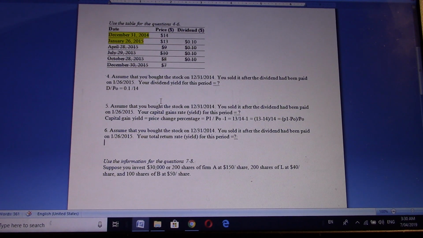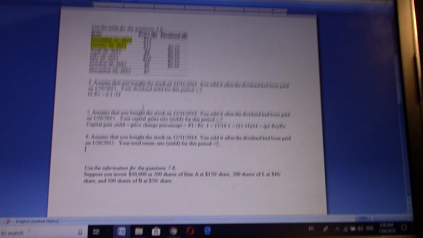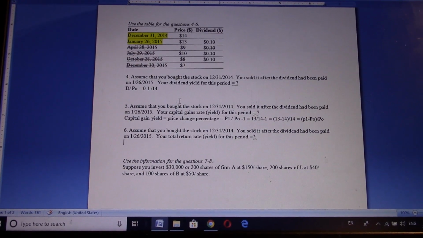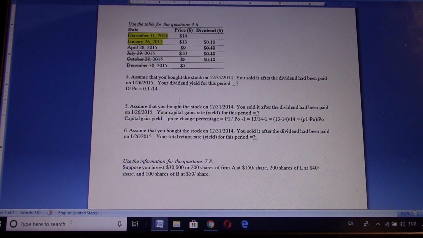The next question is asking for your total return in this period. For stockholders, your total return has 2 components: one is dividend yield, one is capital gain yield.